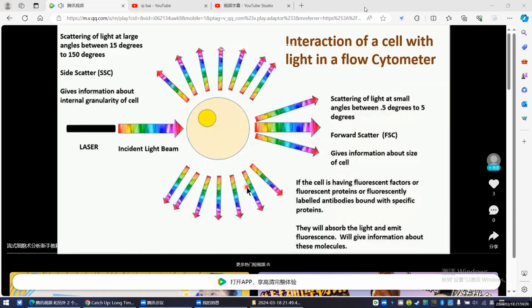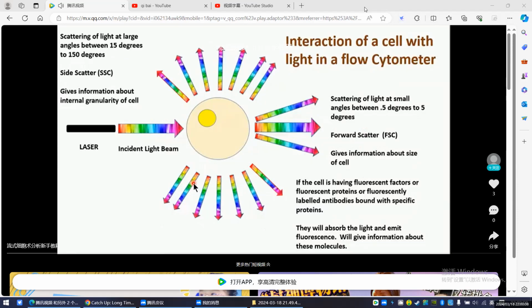These fluorescent factors will absorb the light and emit fluorescence, and this emitted fluorescence will be detected by different detectors, and this third kind of interaction will give us information about these fluorescent molecules. So three interactions: FSC about size, SSC about granularity, and fluorescence about the presence or absence of fluorescent proteins or fluorescent molecules on the cell or inside the cell.